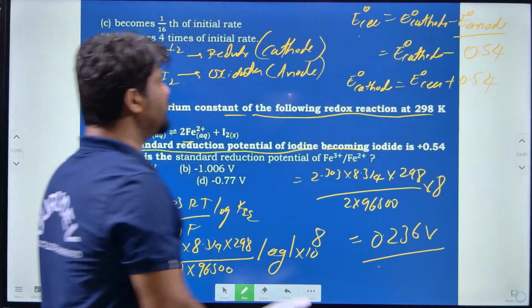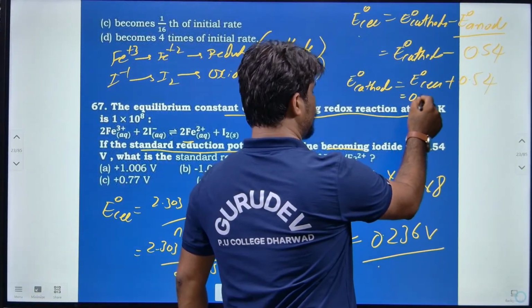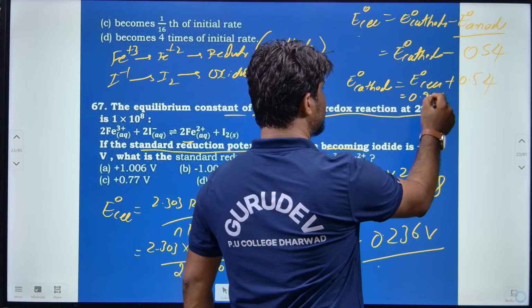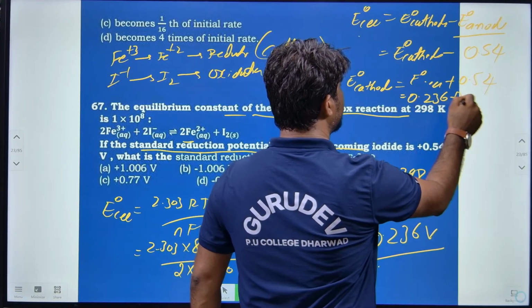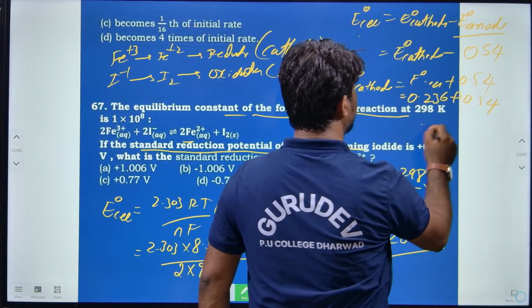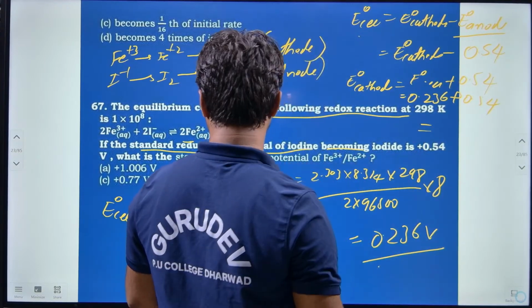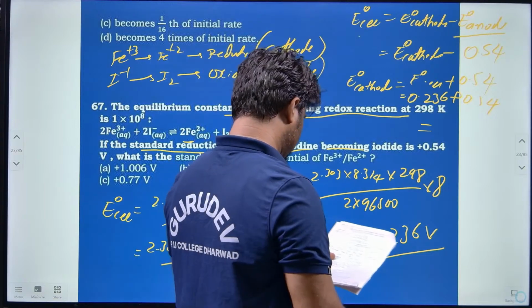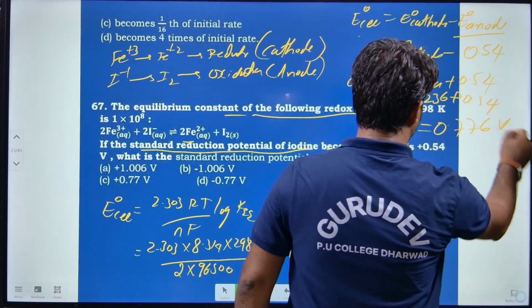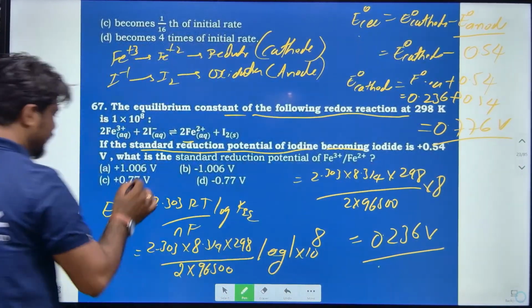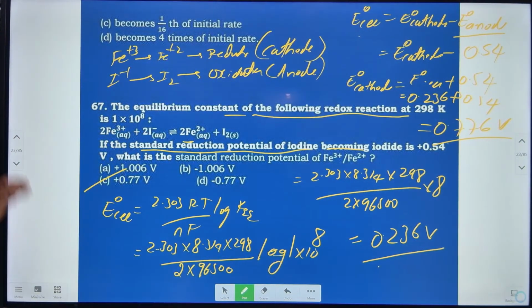Then substitute the E naught cell value, 0.236 plus 0.54. On addition, I get 0.776 volt, so 0.77 is nothing but answer C. Answer C is the right answer for the question.